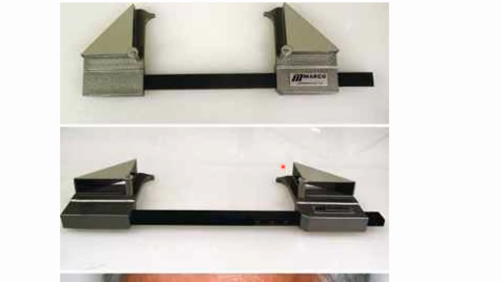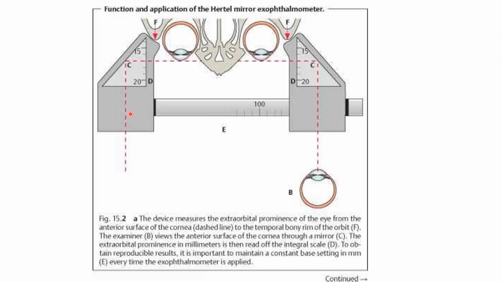Now, this is a Hertel exophthalmometer, and we rest these two points at the lateral orbital margins, and then we look straight at the eye, the apex of the cornea, and there is a graduation over there, and we can see the reading on this graduation.